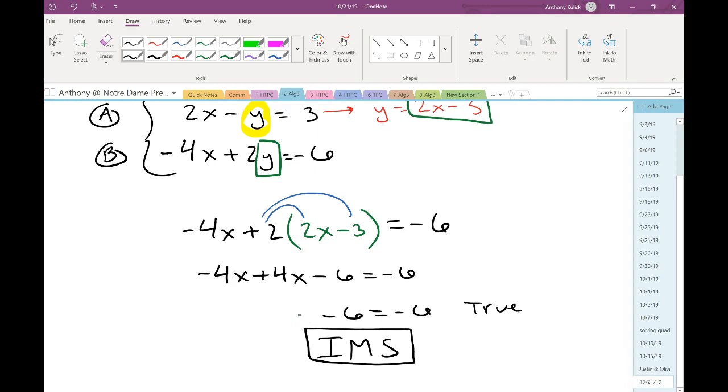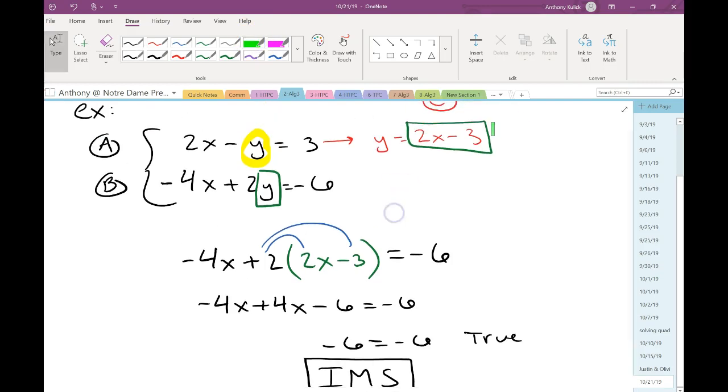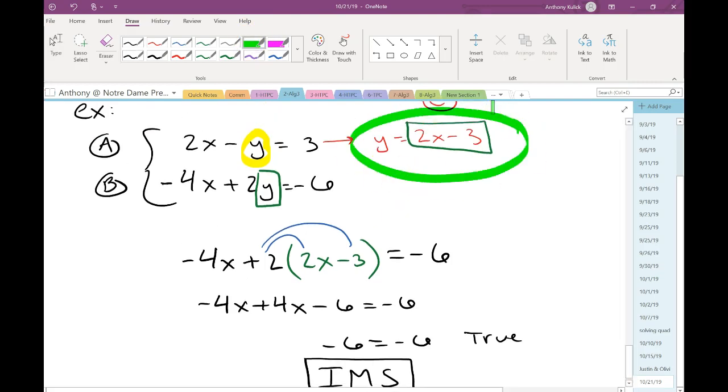But I want to do more than just write infinitely many solutions. I'd also like a description of what those infinitely many solutions look like, or how to find them. To do that, I'm going to use equation C. So what do the y's look like in the solutions?